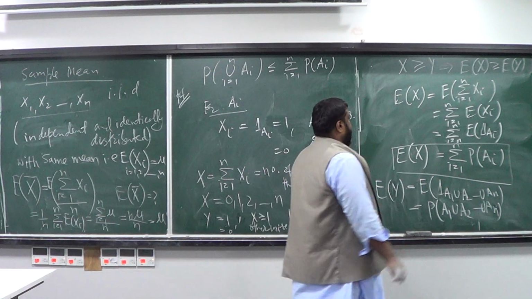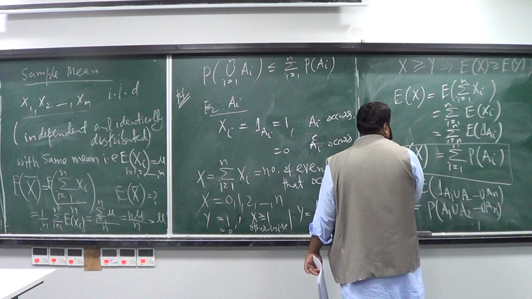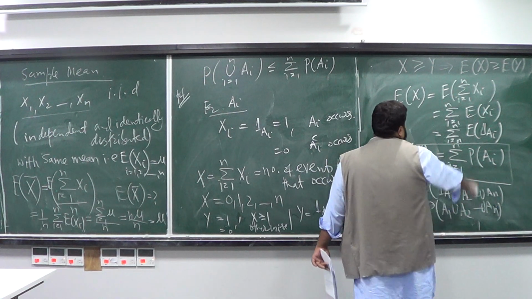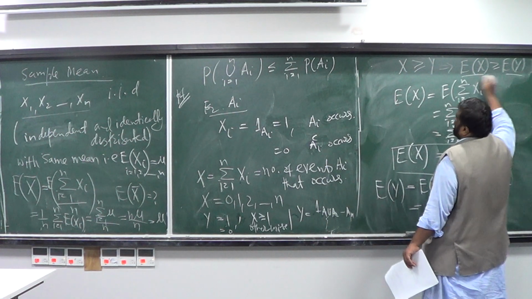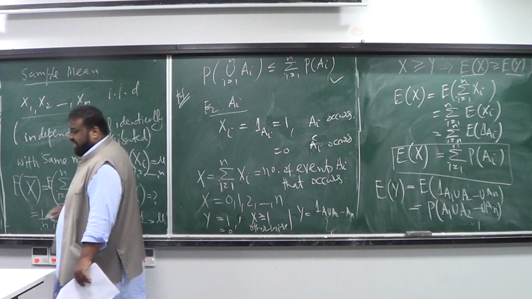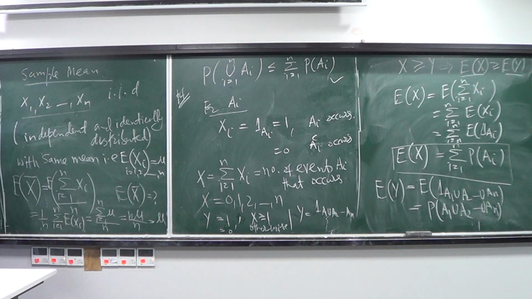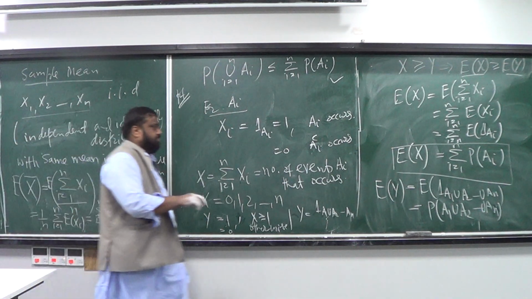I know that the expectation of X is the sum of the probabilities, and the expectation of Y is the probability of the union. If you substitute these two values, you have Boole's inequality. So you have a very interesting way to prove Boole's inequality.